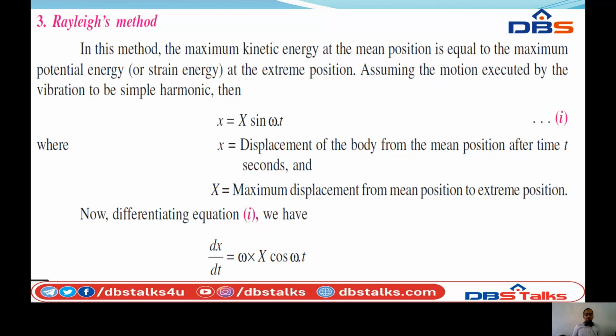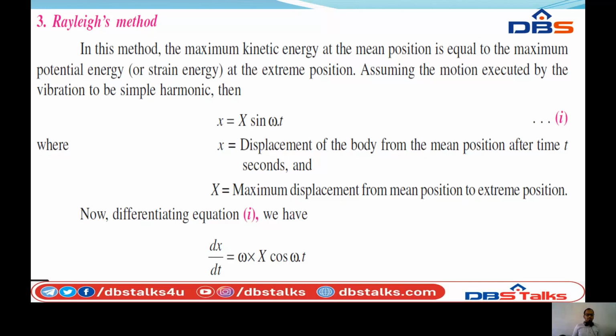By differentiating equation 1, x equals X sine omega t, dx by dt equals omega X cos omega t, since the differentiation of sine is cos.